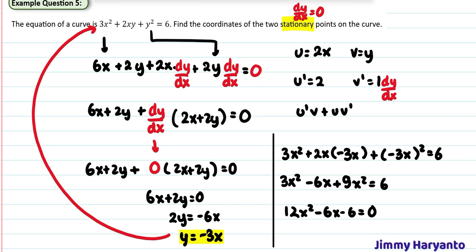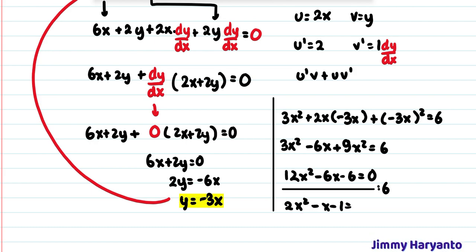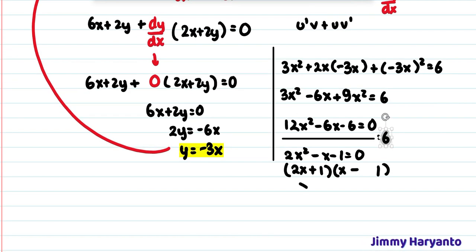equals 0. Then you factorize it, you divide them all by 6 first to simplify the expression. You'll have 2x squared minus x minus 1 equals 0, and then you factorize it like this: 2x and x, 1 and 1, minus and plus, and then you'll have the result: x equals negative half and x equals 1.